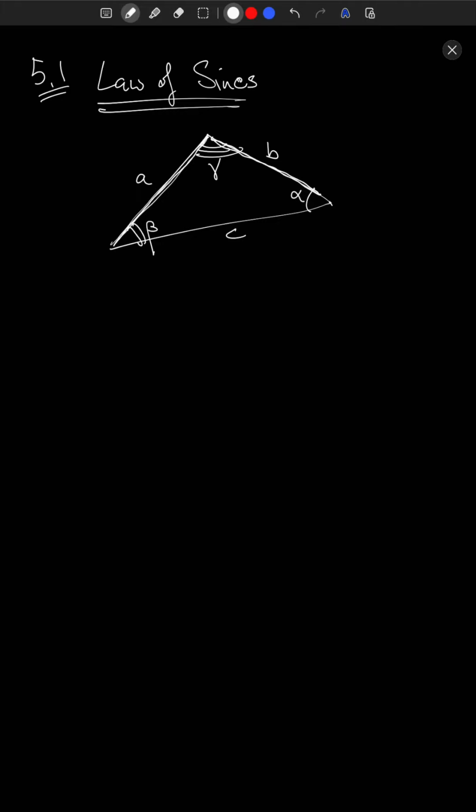All right. Okay, so we're going to be using this notation for both 5.1 and 5.2. And again, the ordering of this A, B, and C doesn't matter as long as the opposite side and angles are consistent. Right.